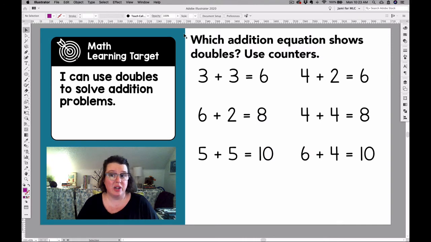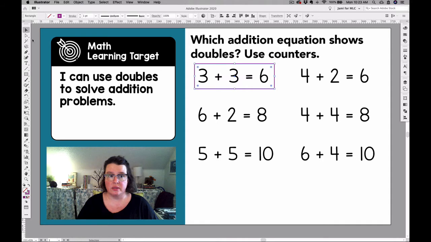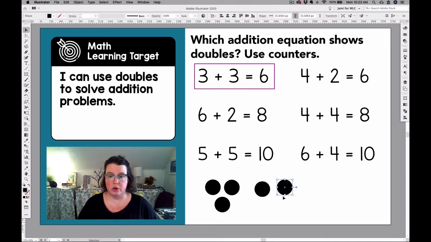Which addition equation shows doubles? Use counters. Well, let's take a look at this addition equation. 3 plus 3 equals 6. If I were using counters to model, I would take my counters and I would put 1, 2, 3 plus 1, 2, 3.